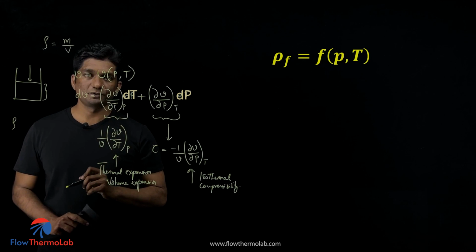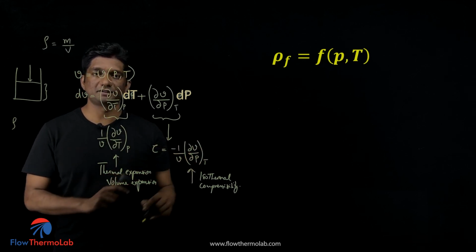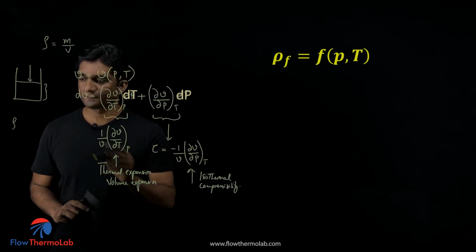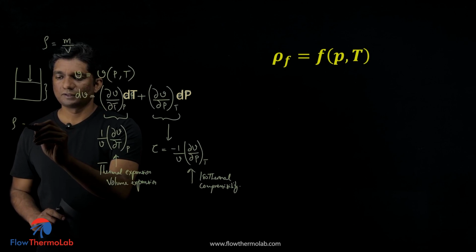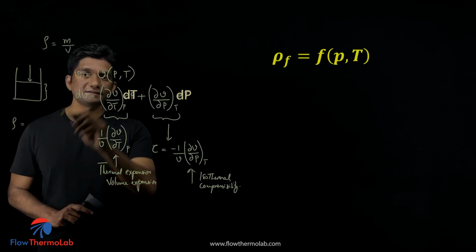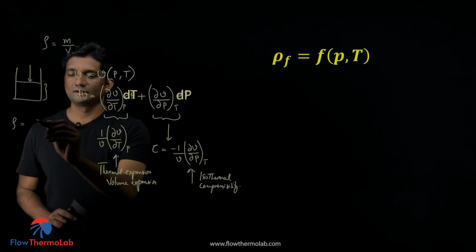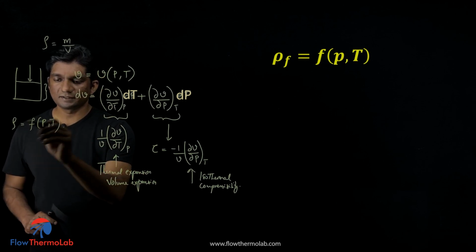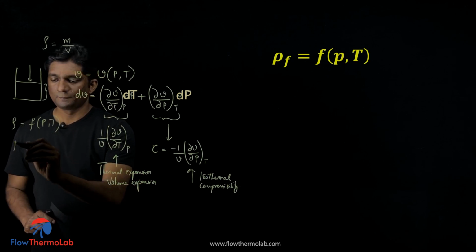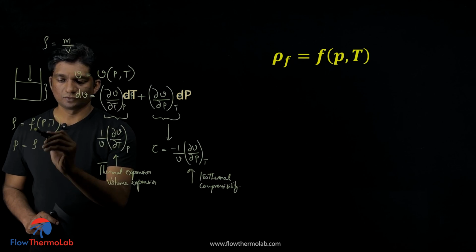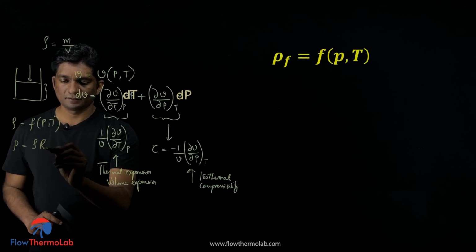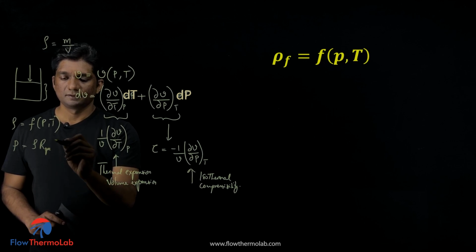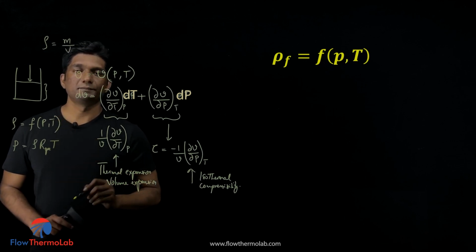And what are you going to do when you're doing a simulation, let's say a CFD simulation? You will use rho as ideal gas. Then it is easy, it will take care of it, as it's a function of pressure and temperature. So what is the ideal gas law? P is equal to rho R, which is the specific gas constant, times the absolute temperature.